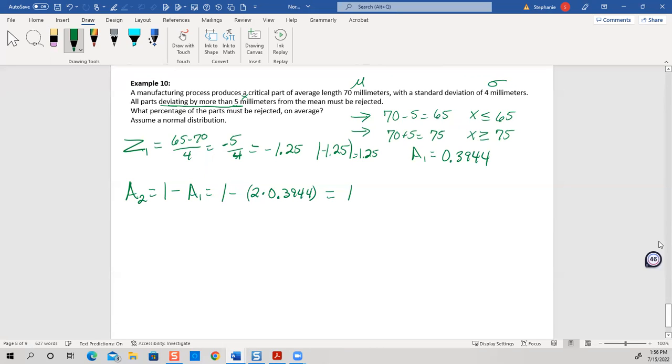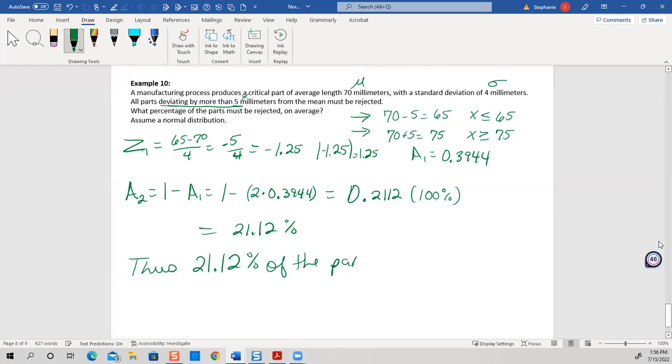So now we have 0.2112, and multiply it by 100%. This is going to give me 21.12%. So my sentence here is: 21.12% of the parts must be rejected on average.